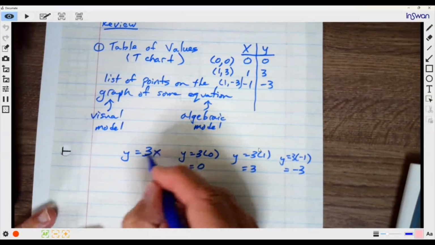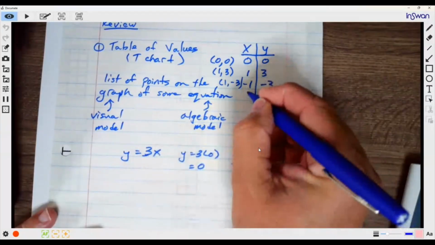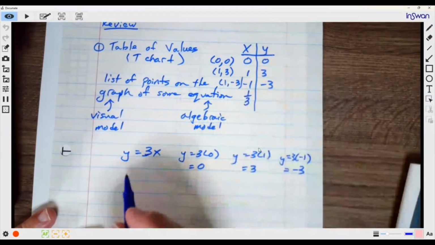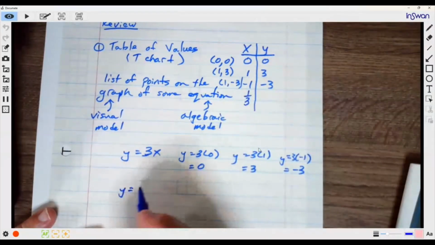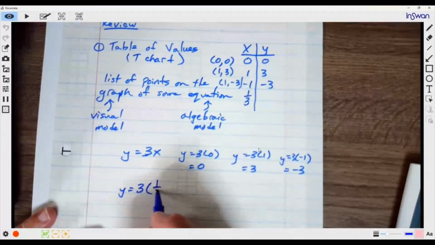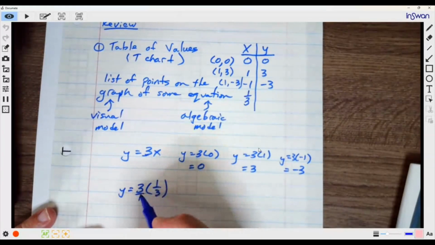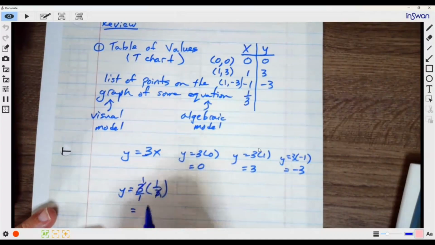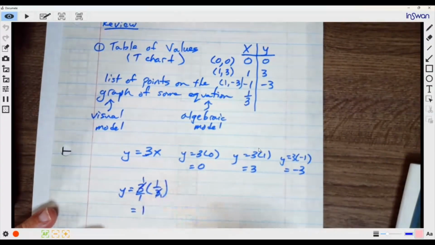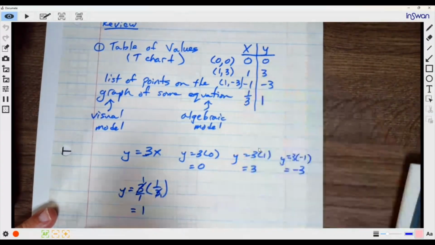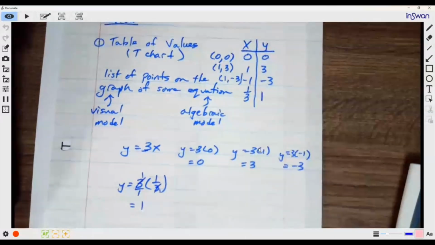Since the 3 is in front of that x, I'm going to pick 1/3, so that when I put 1/3 in for x, this 3 is 3 over 1. The 3's divide out, and we're left with 1 times 1 over 1 times 1, which is 1. When you put 1/3 in, you get 1.